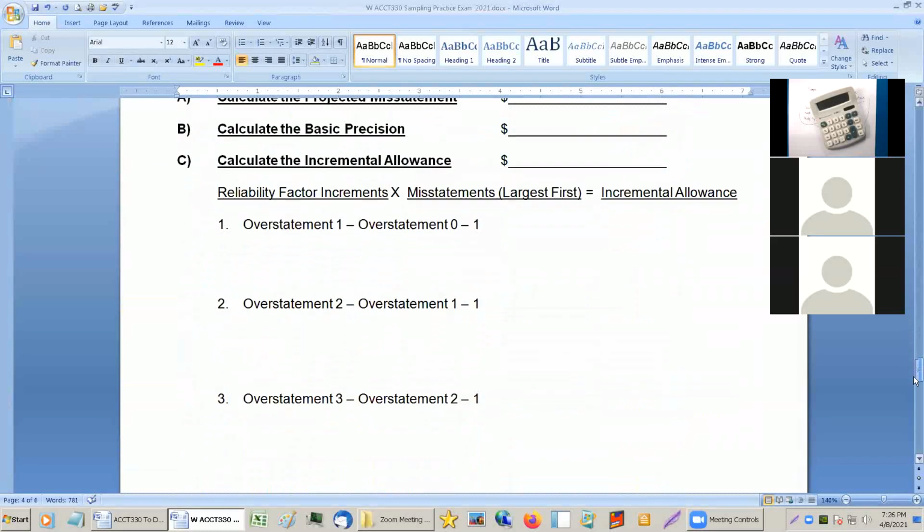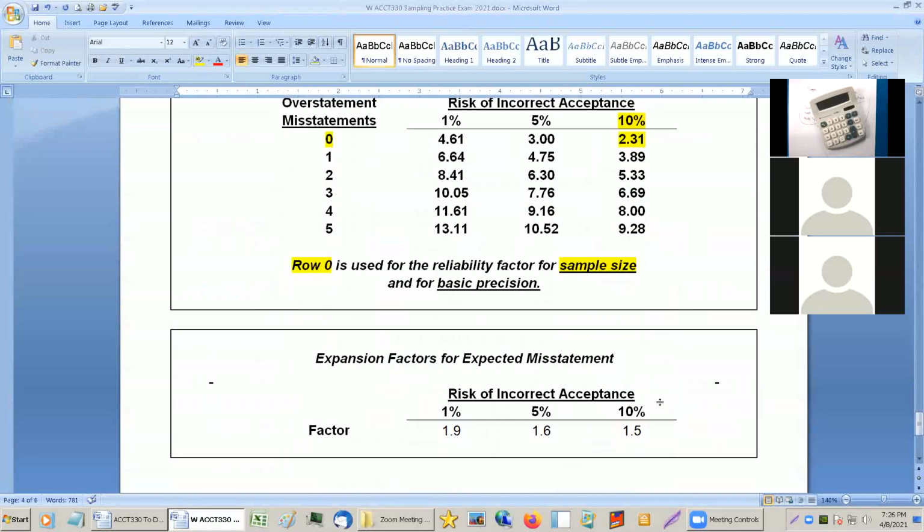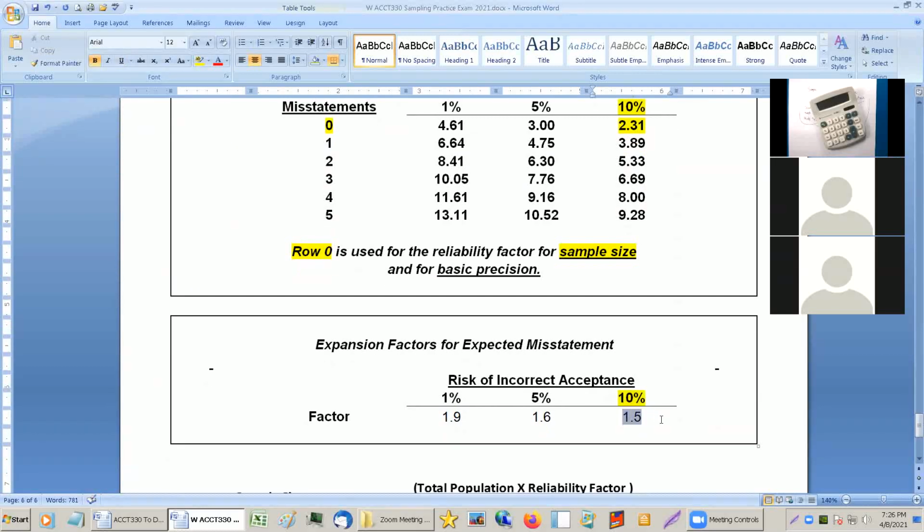Okay, we gotta go back down here. Expansion factors are nice because you don't have to worry about what row you're on. It's only one number. So the expansion factor at 10% will be 1.5.